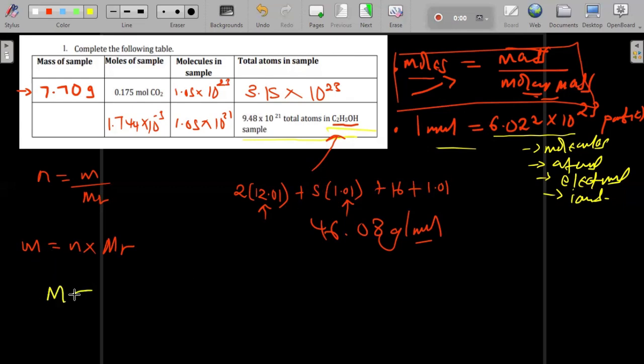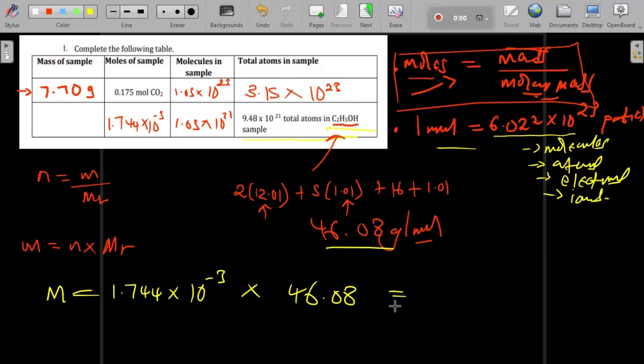So our mass will be equal to 1.744 multiplied by 10 to the power minus 3, multiplied by the molar mass, which is 46.08. When we multiply this, what are we going to get?